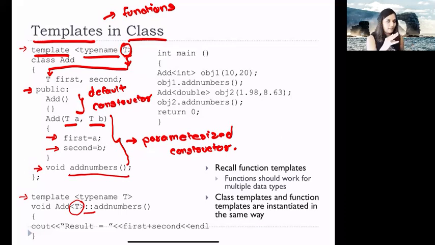So here T represents that data type. And then we are using the scope resolution operator and the function name. What this function will do is cout print result equals first plus second, right? Because first and second are the variables that we have defined within this class. And that's it. So this is our class.